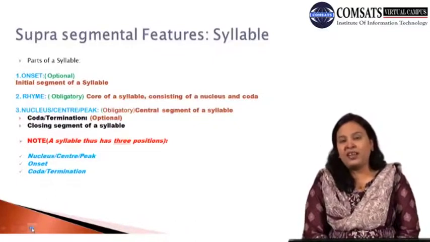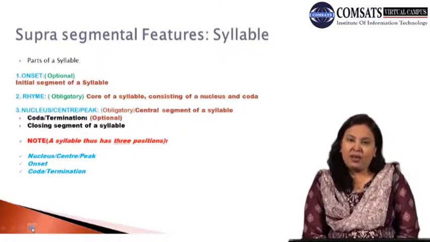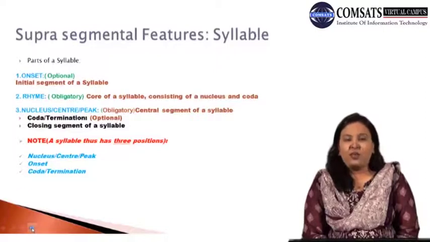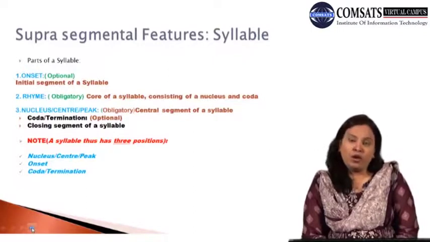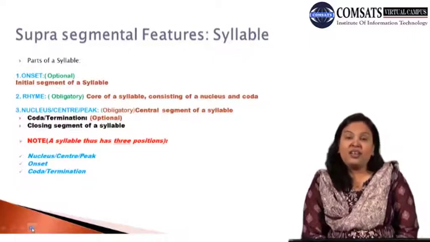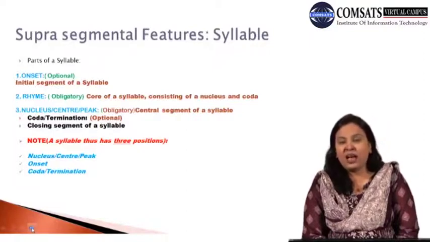The first part is known as the onset, and it is the optional part of a syllable. Optional means that a syllable can exist without it. So the beginning or initial part of a syllable is known as the onset.